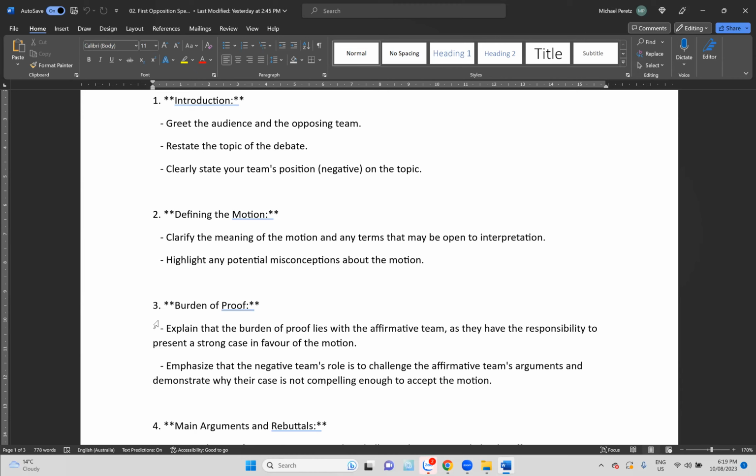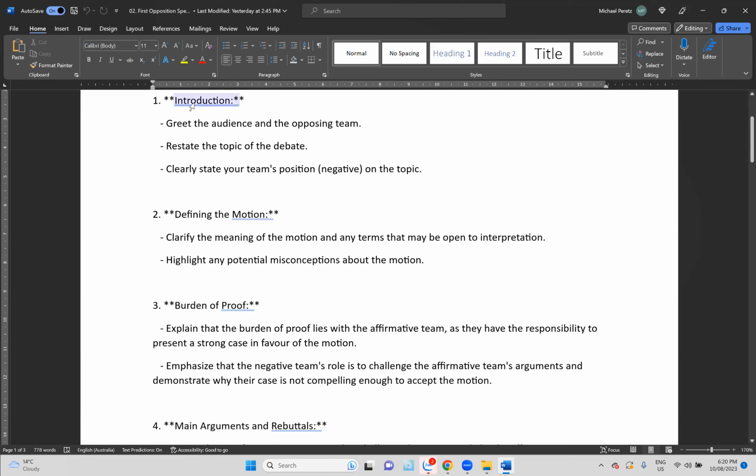It's the opposition's job to make you doubt the proposition team. So the opposition are playing offense, they're trying to attack, and the proposition are playing defense. They're trying to defend their point of view and make as strong a case as possible.